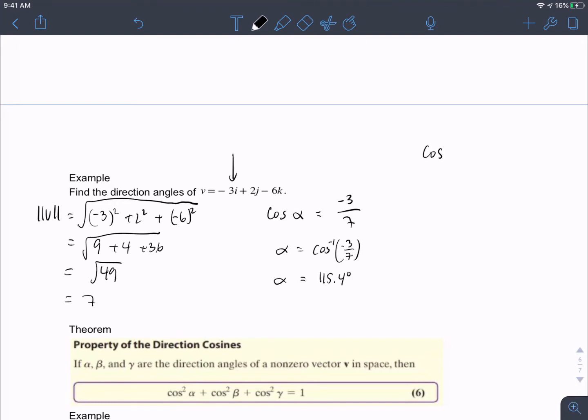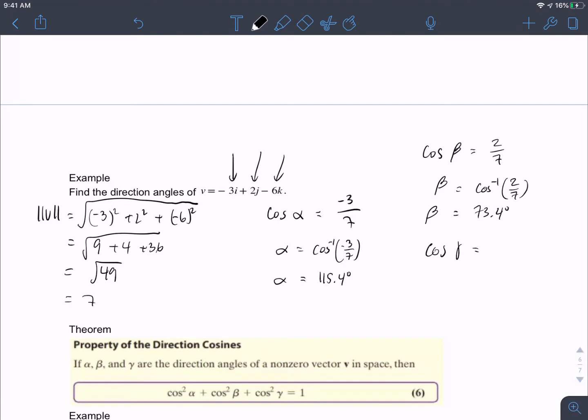Now, cosine of beta is going to be my b, or the 2, over 7. And so beta is going to be cosine inverse of 2 over 7. And so beta will be 73.4 degrees.